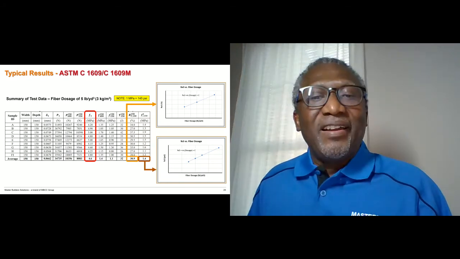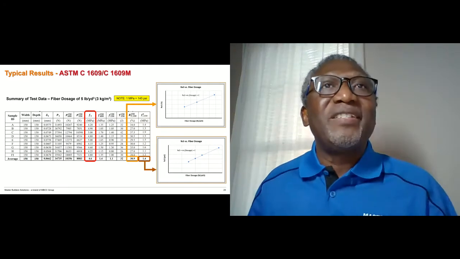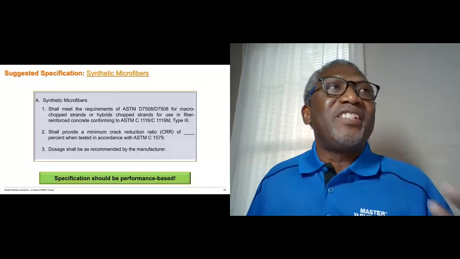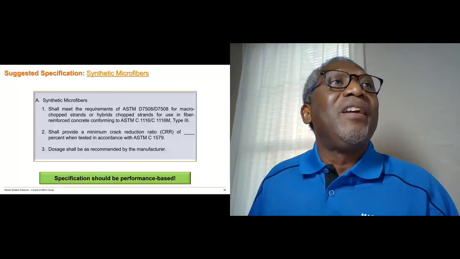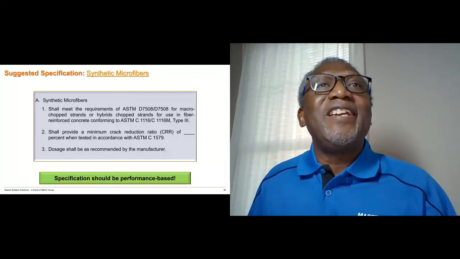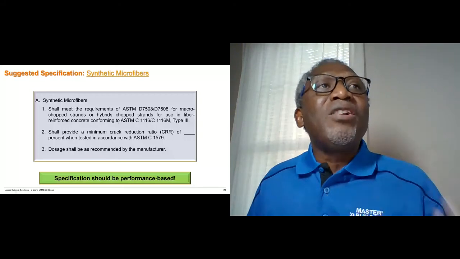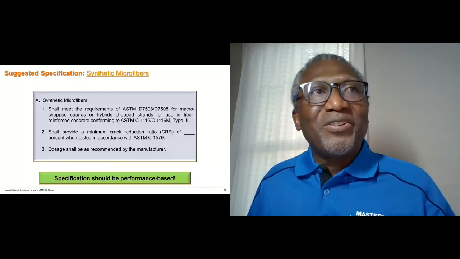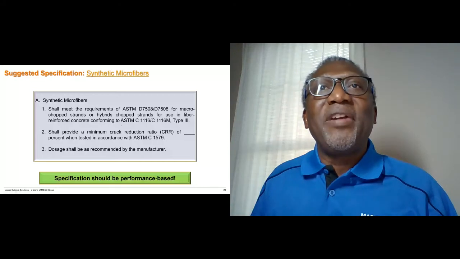Now, that said, how do we specify fiber reinforced concrete? We've talked about the performance test methods. So this is just a sample specification for synthetic microfibers. Basically, they have to meet ASTM D7508, and then also the fiber reinforced concrete should conform to ASTM C1116 Type 3.